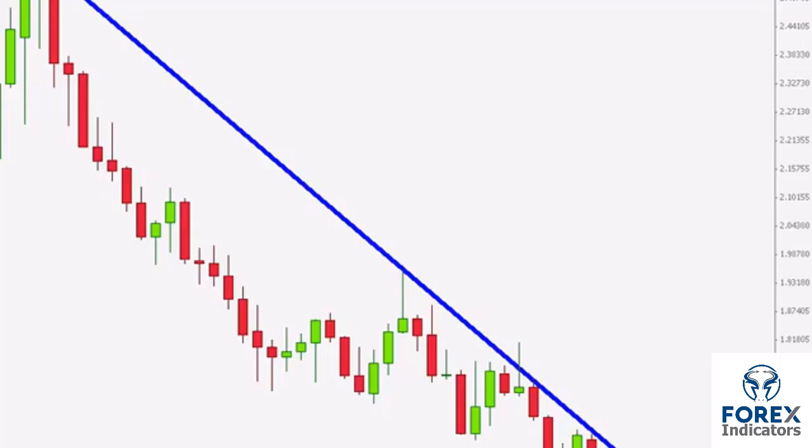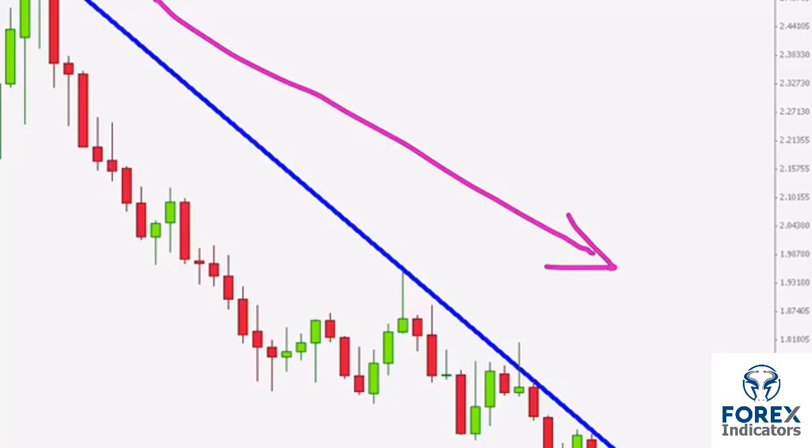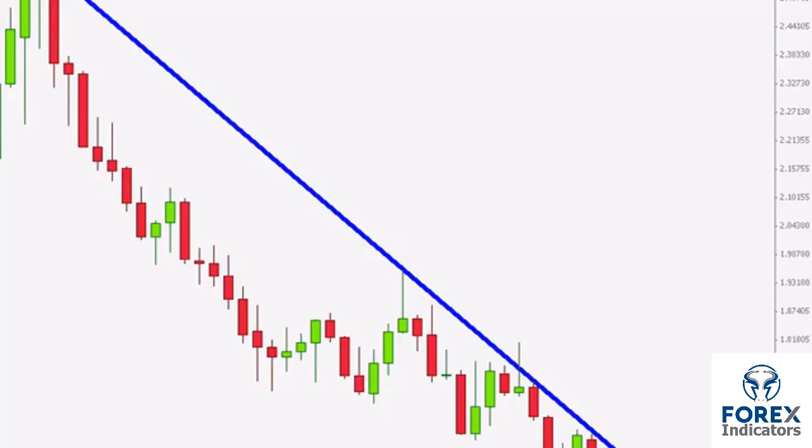You again know that the bias is to the downside. So why not zoom into the shorter time frames and search only for short opportunities, knowing that the momentum, the inertia of the market, is certainly pushing the euro to the downside. Profit from it. Doesn't matter whether you're a long-term trader, medium-term trader, or even an intraday trader, all right?